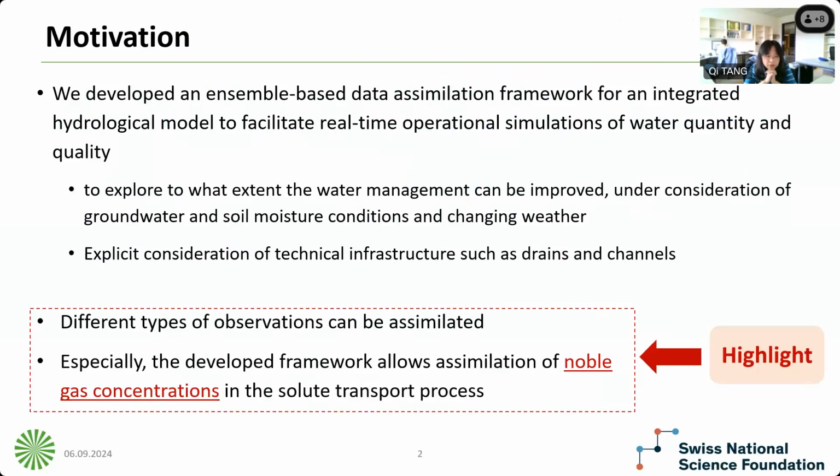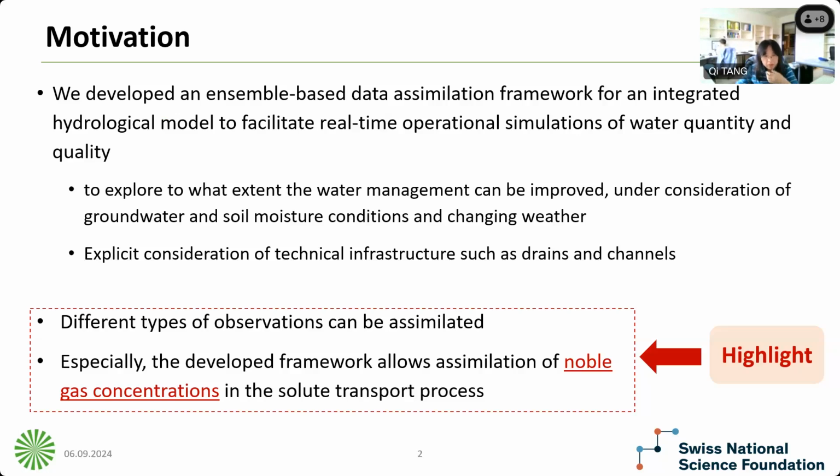To understand why we want to develop such a data assimilation system for an integrated hydrological model, first let's think about the challenges in real-time operational hydrological simulation for both water quantity and water quality. These simulations need to be both accurate and timely.